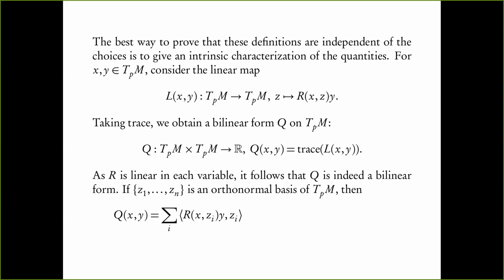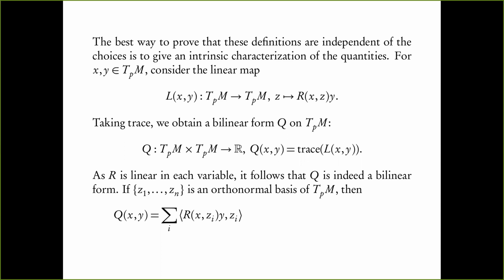That's the trace of L, correct? And this is independent of the orthonormal basis that you choose. Here the trace of Lxy is nothing but Lxy acting on Zi dotted with Zi, sum over i. But by the definition that becomes R of x Zi acting on y dotted with Zi, sum over i, 1 through n. Okay? Is this clear?